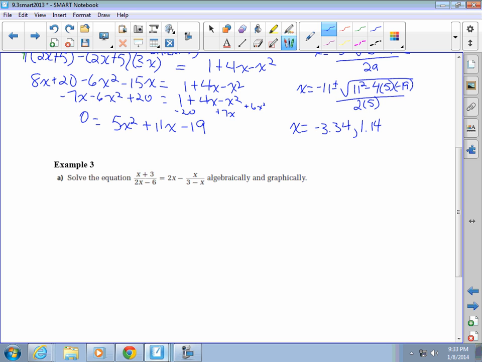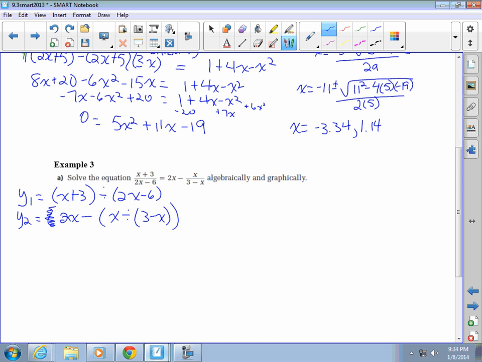So, algebraically, in your calculator, y1 is equal to x plus 3 divided by 2x minus 6. y2 is equal to 2x, minus, bracket, x, divided by, bracket, 3 minus x, close bracket, only because you didn't really need this first bracket there.